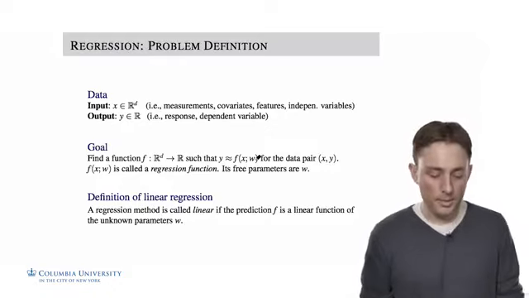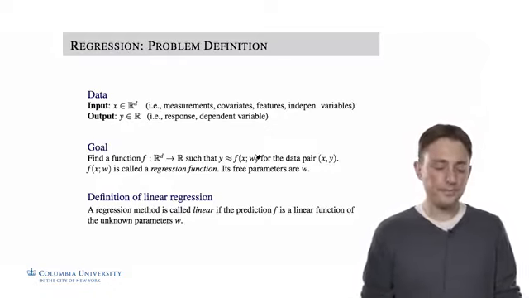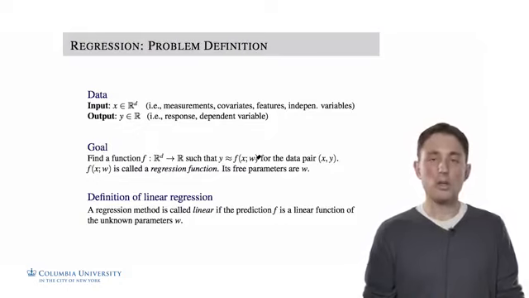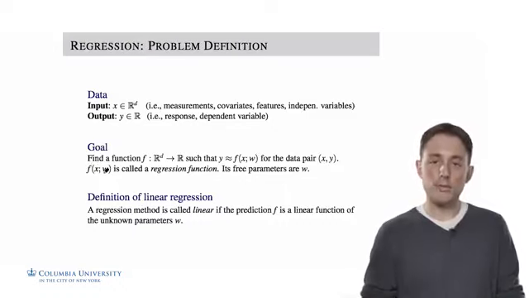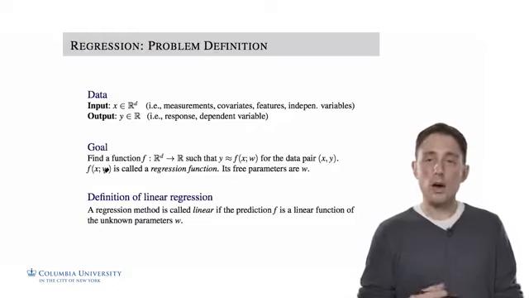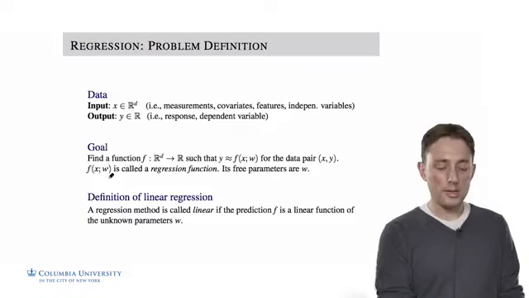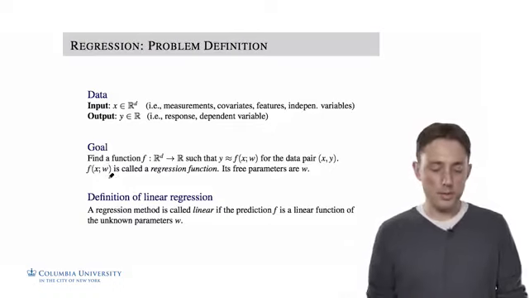So the function f is called a regression function, and we're going to call its free parameters w. So the functional form is f, whereas w are the parameter settings to that function that change how the input x maps to the output y. And the goal is now to learn those parameters given data.